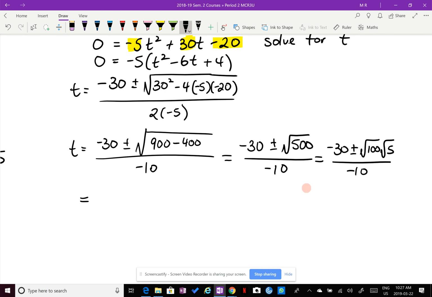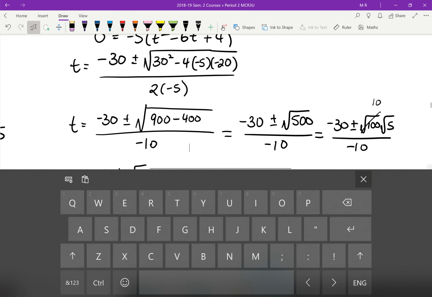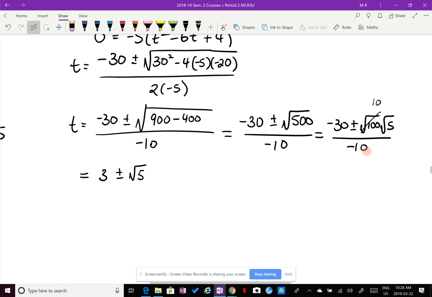And now I can simplify that. -30 over -10 is +3, plus or minus square root of 100 is 10, and 10 over 10 is just 1, and then I have the square root of 5. So 3 plus or minus the square root of 5. Now I know that there's a -10 on the bottom, and when I do 10 over -10, that's supposed to be -1. But because I'm doing both plus and minus already, I'm just ignoring it. I'm just saying plus or minus square root of 5. And so that's your value for t.